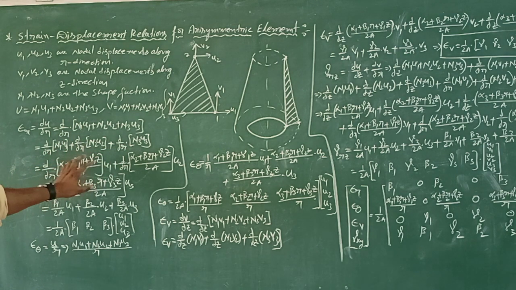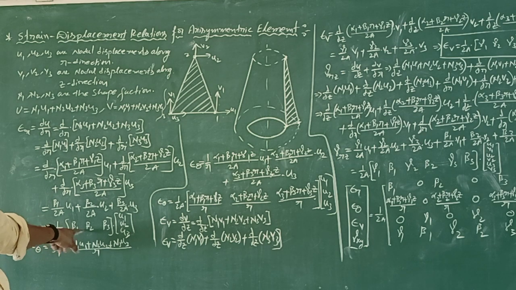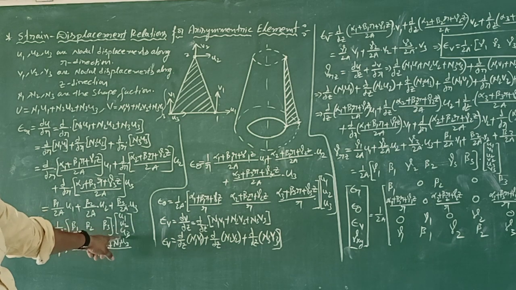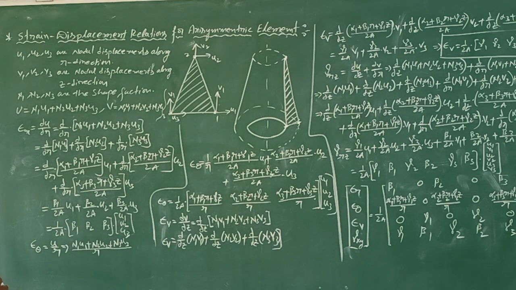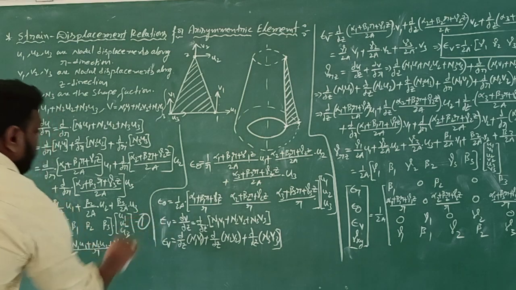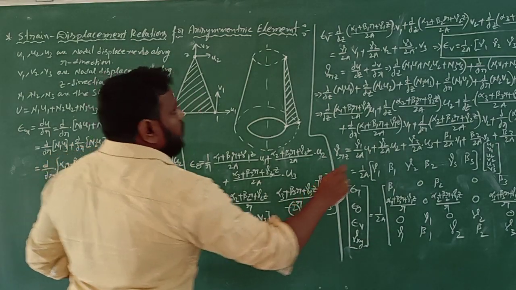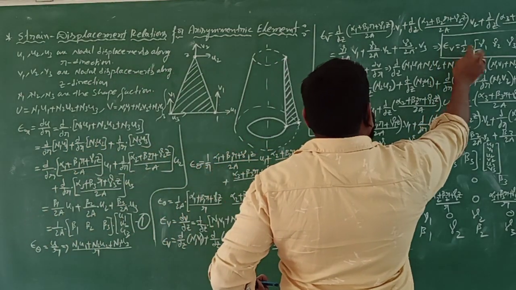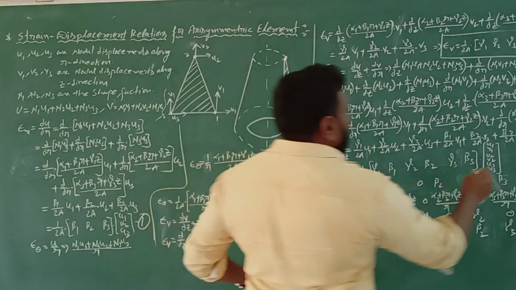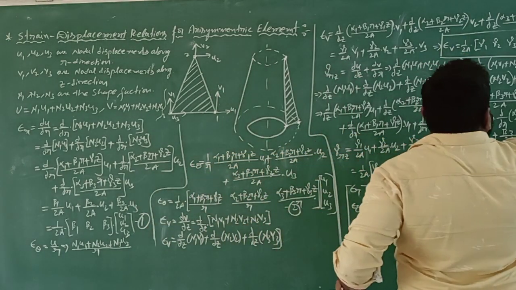Substitute all these values here, and we will get the final equation: 1 by 2a into beta 1, beta 2, beta 3 with u1, u2, u3. This is the first equation, this is the second equation, and this one is the third equation.